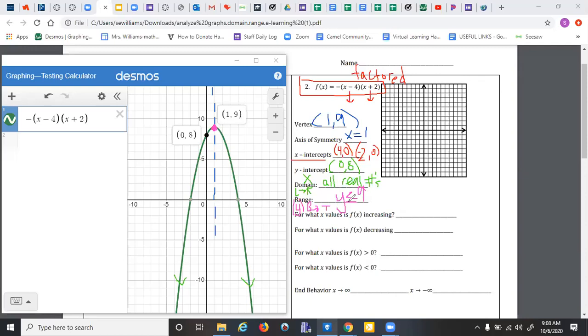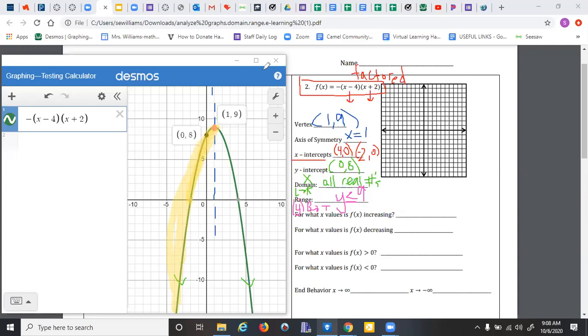Okay. All right. For what x values is f of x increasing? All right, guys, what do you think? Is this one increasing on the left side or the right side? Left. Very good. It's increasing on the left.